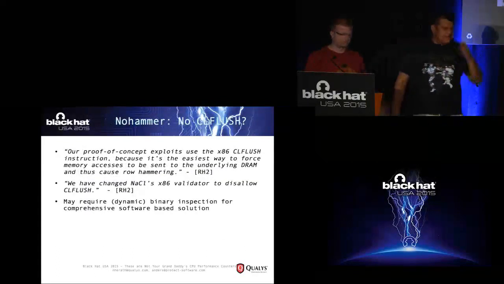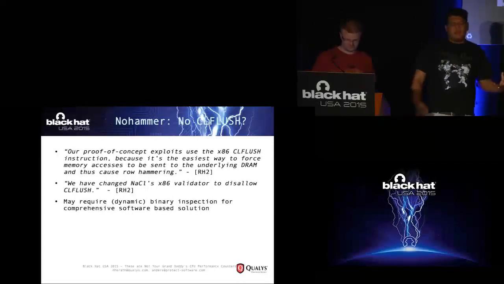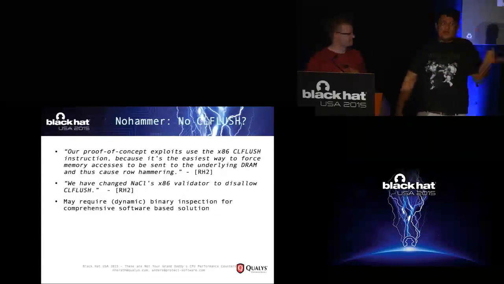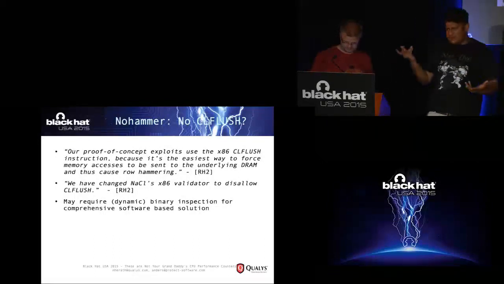Okay, so one of the mitigation methods being talked about was to disable flushing the cache. For rowhammer you have to read physical memory, so if the memory is cached, then you're not reading from the physical memory, you're reading from the cache.